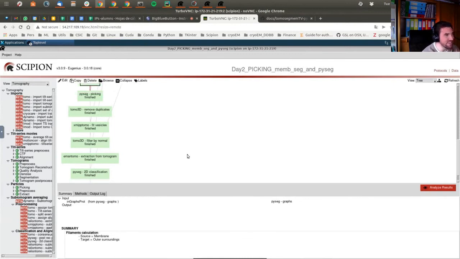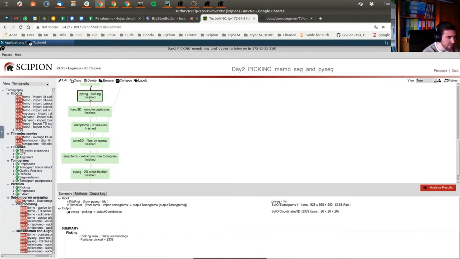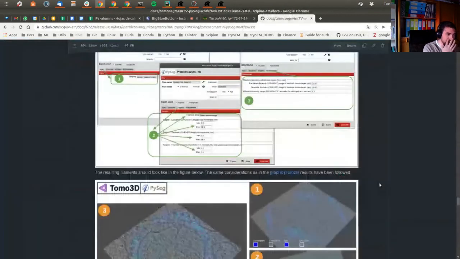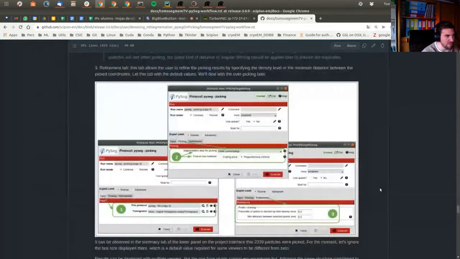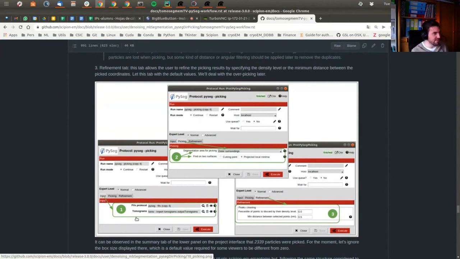Okay, so finally we can move to the picking protocol. The picking protocol is simpler in terms of form than the one used for the filament calculations. You only have to indicate the fields protocol, the pointer to that, and the tomograms in which you want to pick the particles, which can be the same used or different.